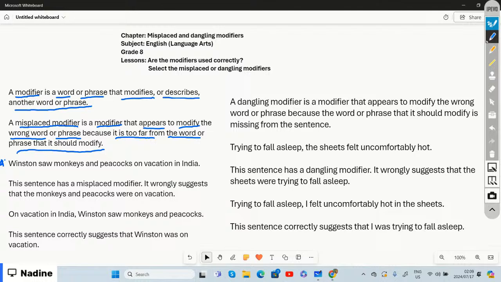But the way the sentence is constructed, it seems as if the monkeys and the peacocks were on vacation in India.